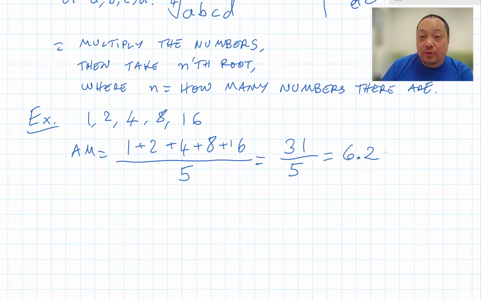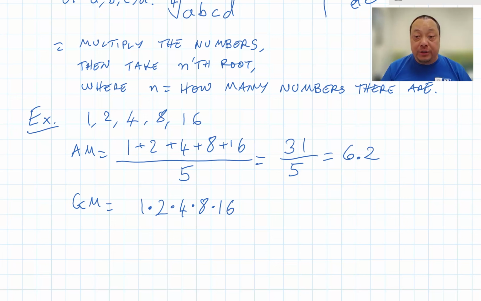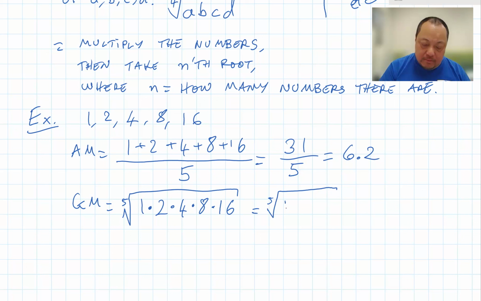And that is equal to 6.2. The geometric mean is, I'm going to multiply them, and I take the root of degree that is the number of items. There are 5 numbers here, so it is a fifth root. If I multiply all of this out, I get 1024, and the fifth root of 1024 is equal to 4.